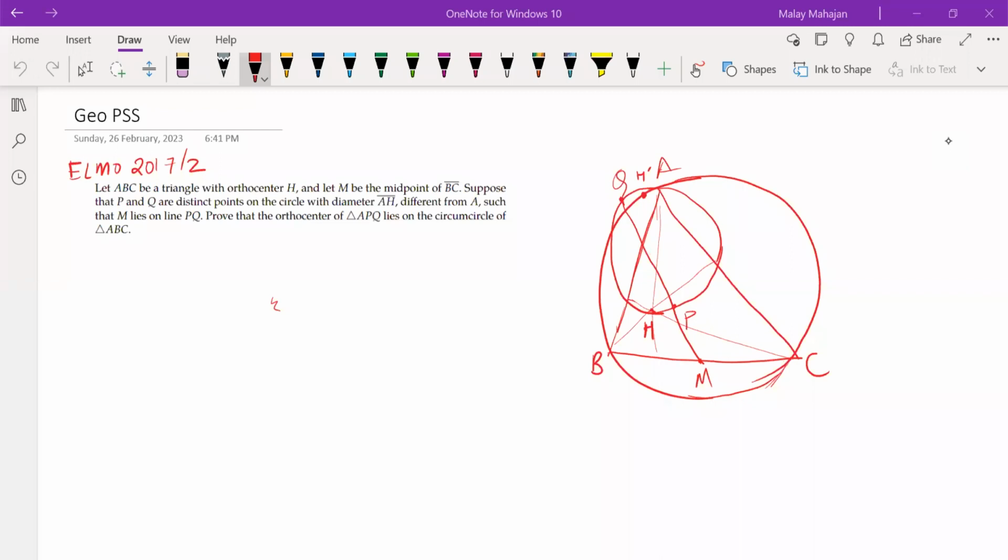For example, reflections of orthocenters are good. So think of something related to that.